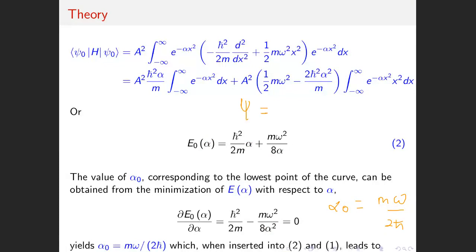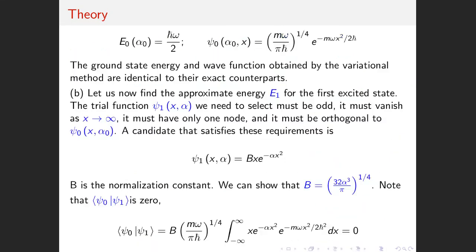Remember that the wave function was 2 alpha over pi to the 1 over 4 e to the minus alpha x squared. Whatever value for E0 you get, you plug it there and simplify. For the energy, you take this value for alpha 0 and plug it back, and you can check that the energy you get is actually the exact one.